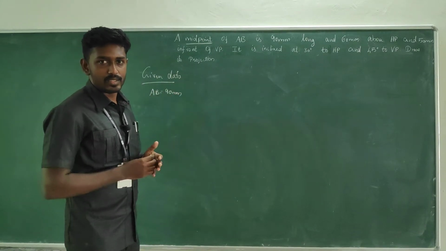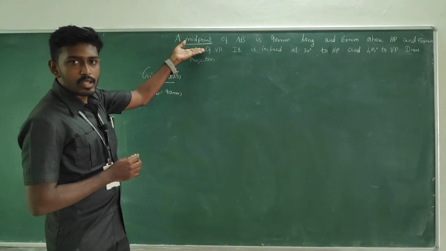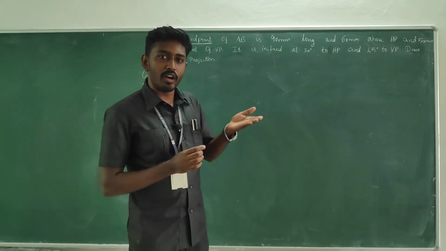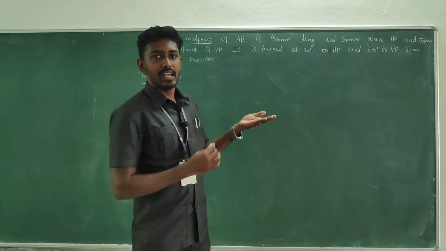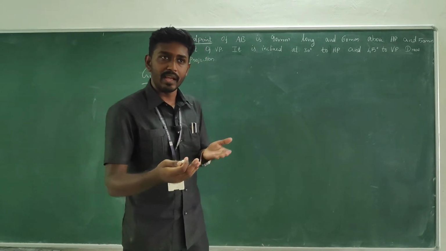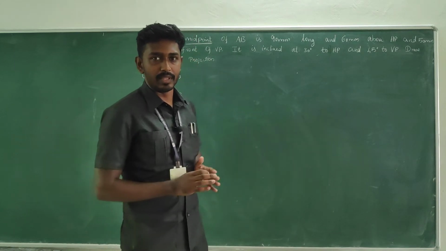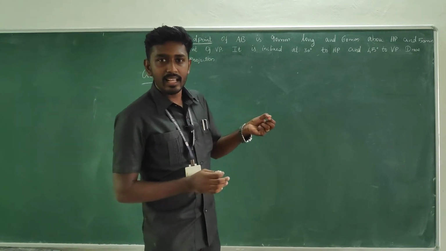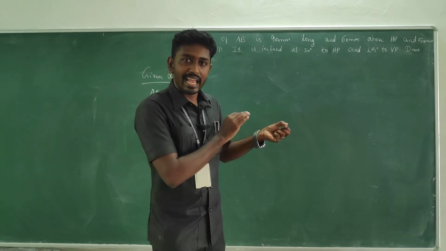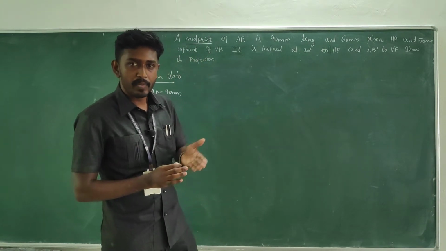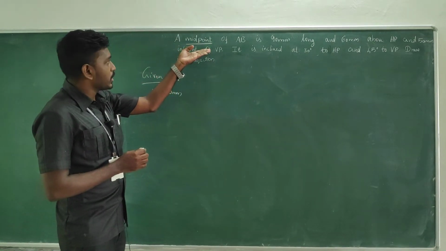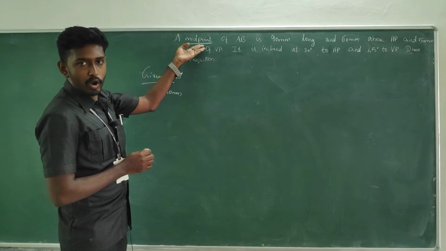If you compare with the previous question, we used to get one of the ends of the line above HP and one of the ends in front of VP, and they would talk about another end. Using the end in the general problem which we saw in the previous classes, we used to get the location, right? But here the new term they have included is a midpoint.